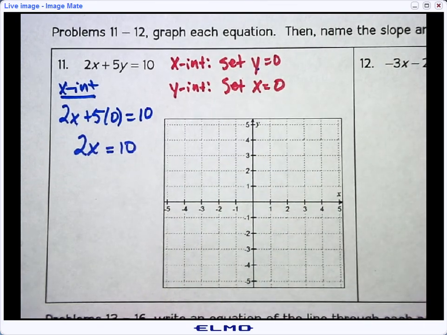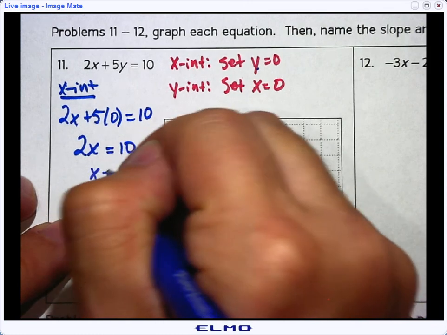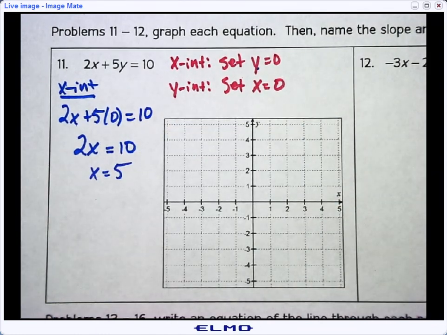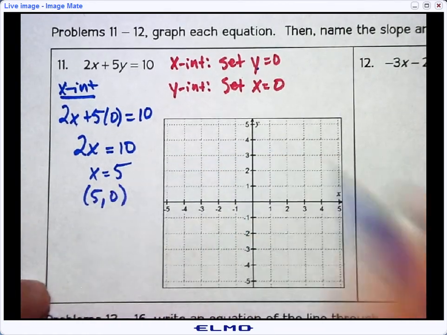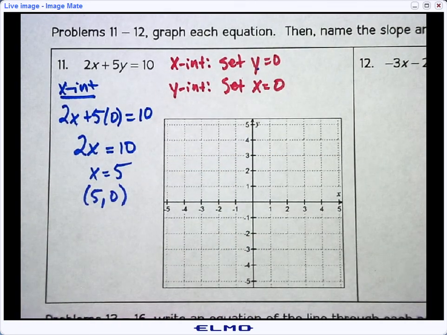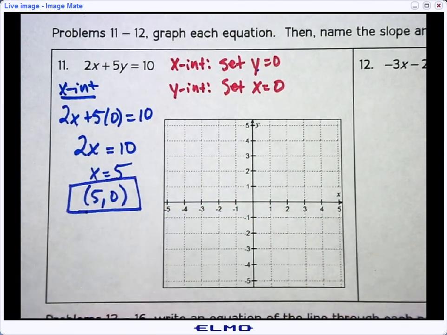Bring down the equals 10. Now we divide both sides by 2 and we get x equals 5. So the answer is 5, 0. Remember, the x-intercept is a point, so you want to write your answer as an ordered pair, which in this case is 5, 0.